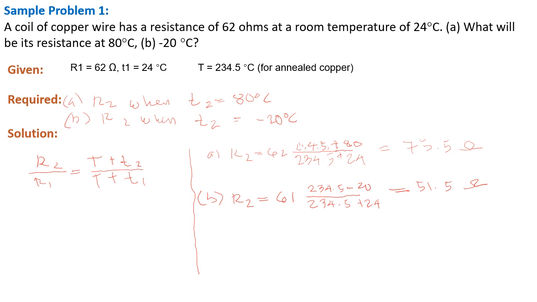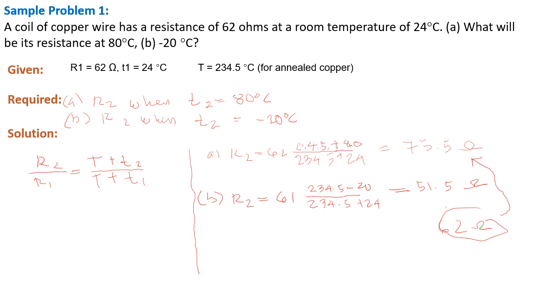This really speaks of the sloping upward to the right triangle in the temperature resistance effect. So that is, if you have a 62 ohm copper, if you heat it up, your temperature, for example, goes up to 80 degrees Celsius, the resistance will go up to 75 ohms.